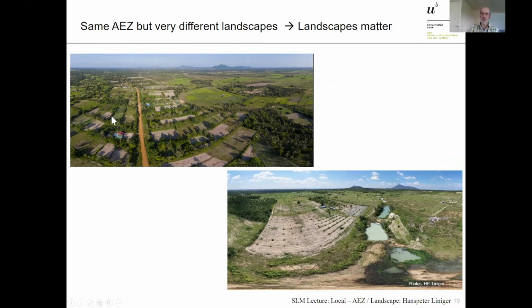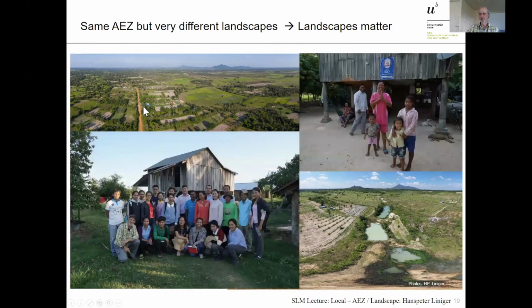You're not in the same situation like here. So looking for integrated farming systems that work well here for a land user like here are completely different than here. Okay, that's the lesson learned in Cambodia.